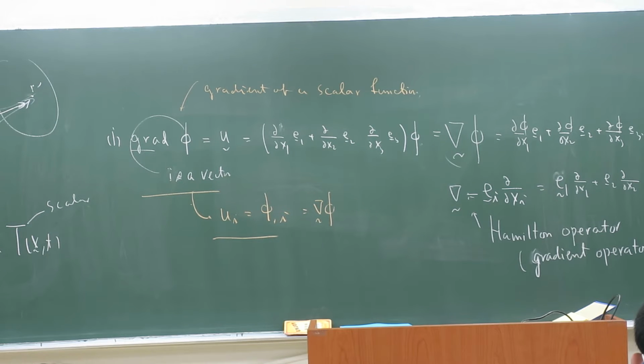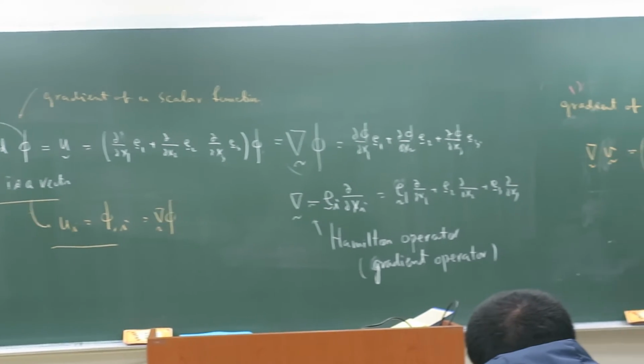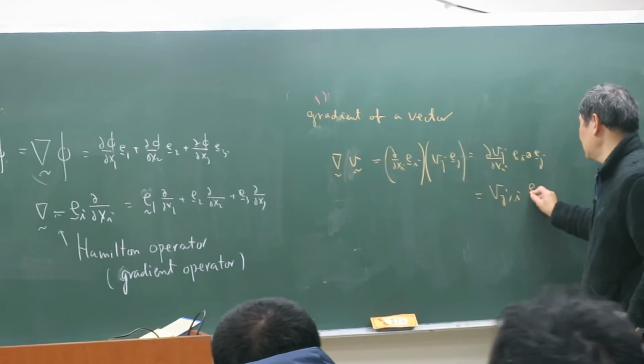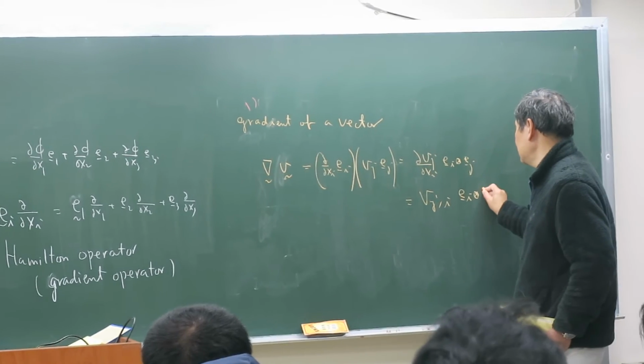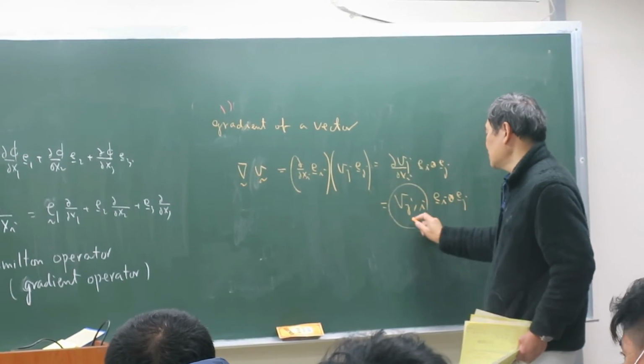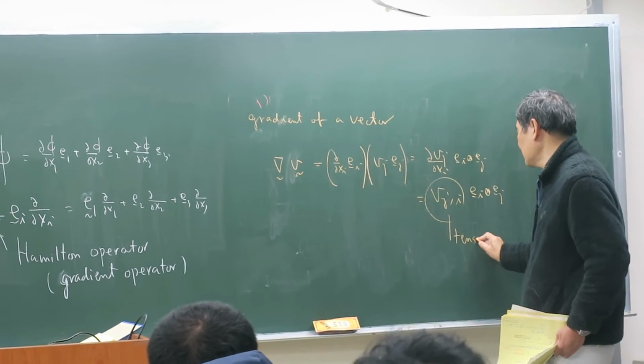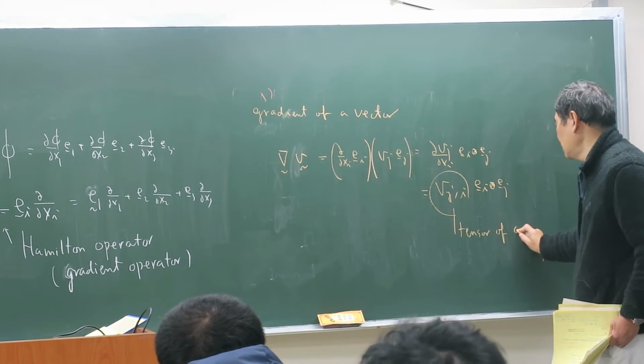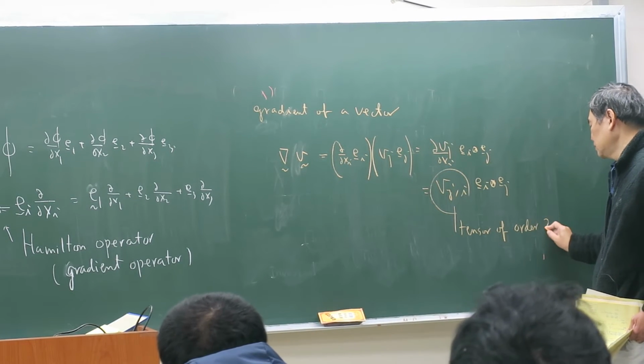So this will be partial vj partial xi, ei circle cross ej, put together. See what I mean? So that will also be vj comma i ei ej. So this is a tensor of order 2.